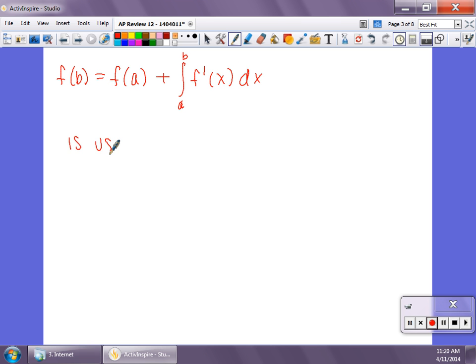It is used when a derivative is given, and you might not even realize it's a derivative. They're not going to call it a derivative. They're going to name it f or g or r.